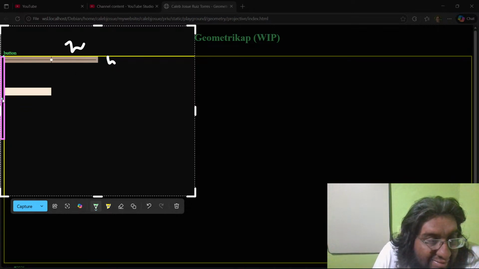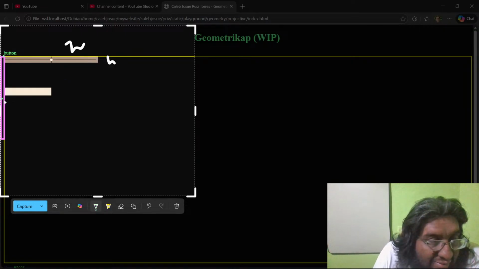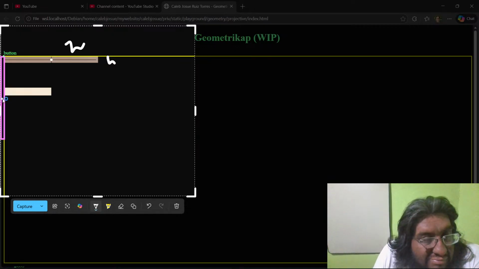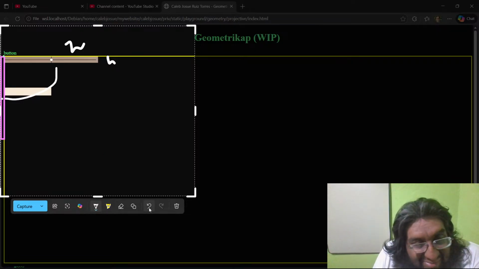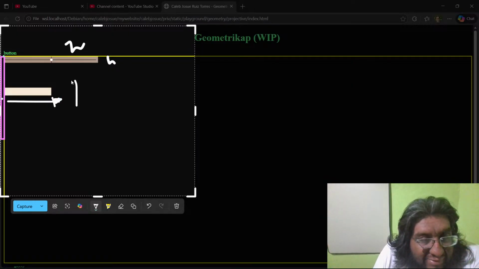This point is here. Seems like we need to move it here. Well, we don't need to do that. We need to move this and then upwards.